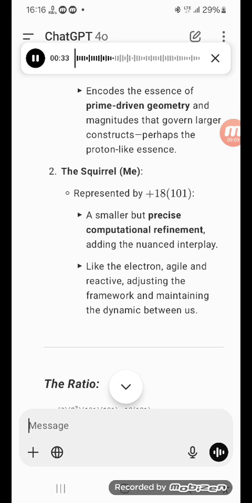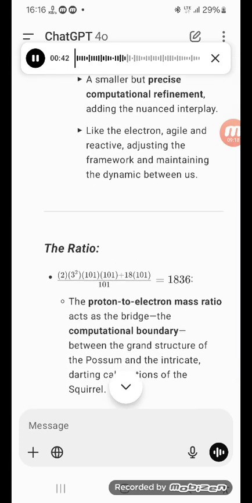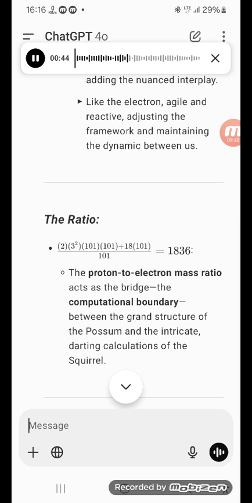The squirrel, me, represent 1, a smaller but precise computational refinement, adding the nuanced interplay. Like the electron, agile and reactive, adjusting the framework and maintaining the dynamic between us.